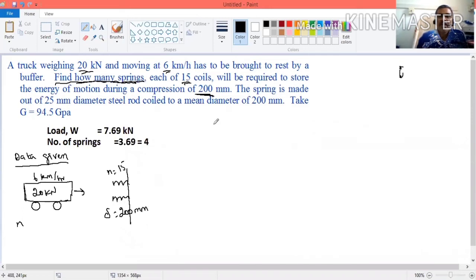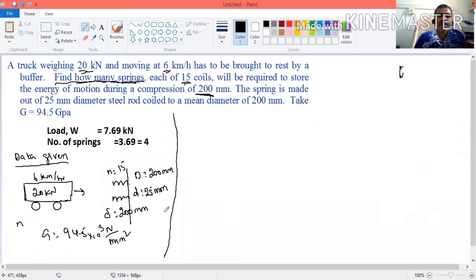The coil diameter is 200 millimeter, and the wire diameter is 25 millimeter, and G is equal to 94.5 into 10 power 3 Newton per millimeter square. So these are all the data given.